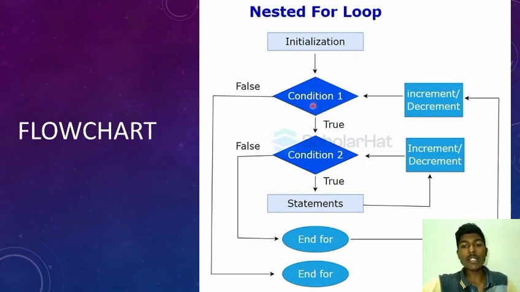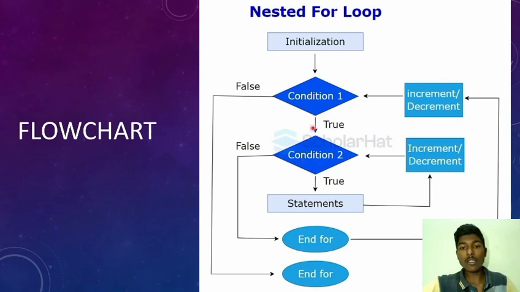If the first condition is true, then it will go to check condition 2. If the first condition is itself false, then the program is not executed; it ends the program. If the first condition is true, then it goes to the second condition. If the second condition is false, then the program is ended with condition 1 true and condition 2 false.